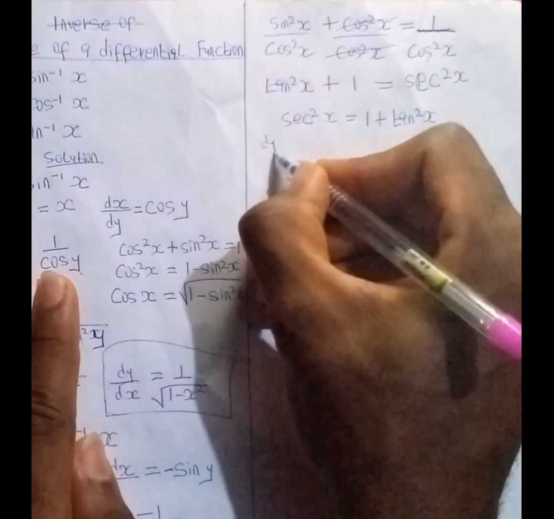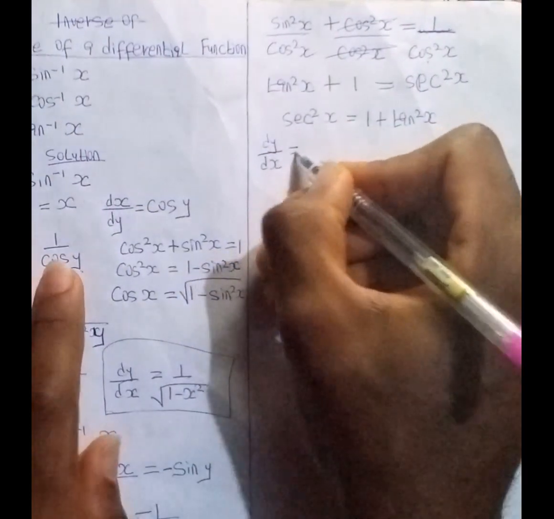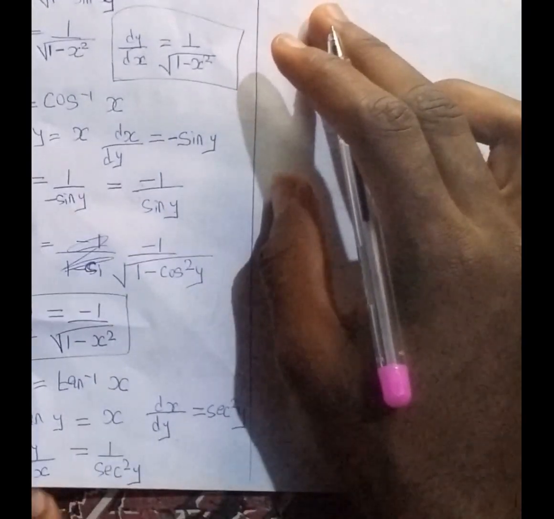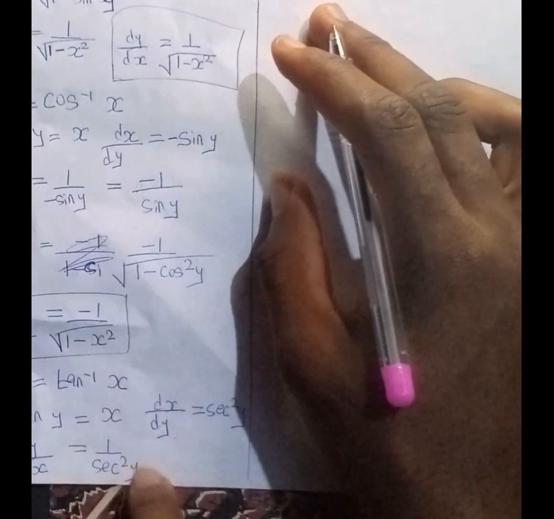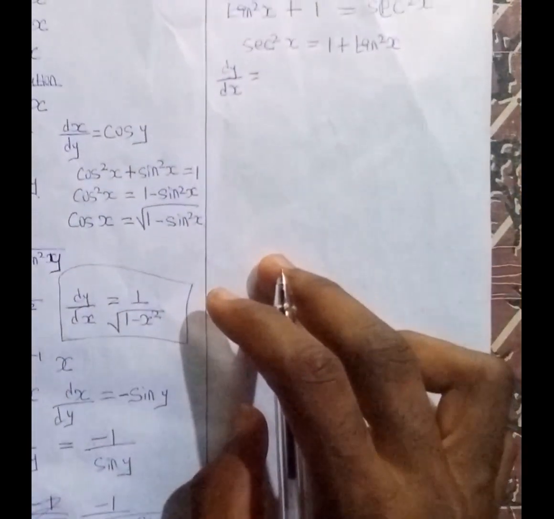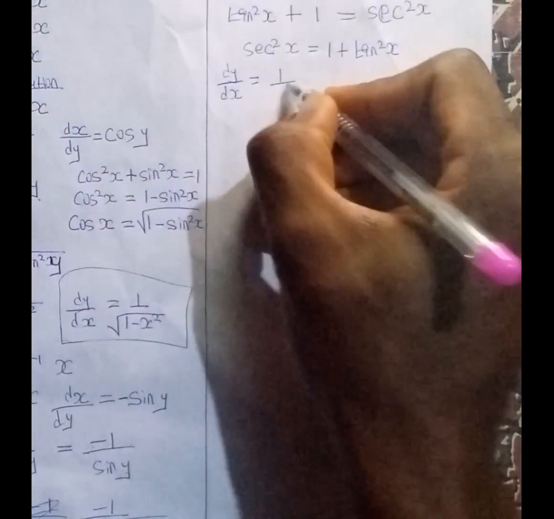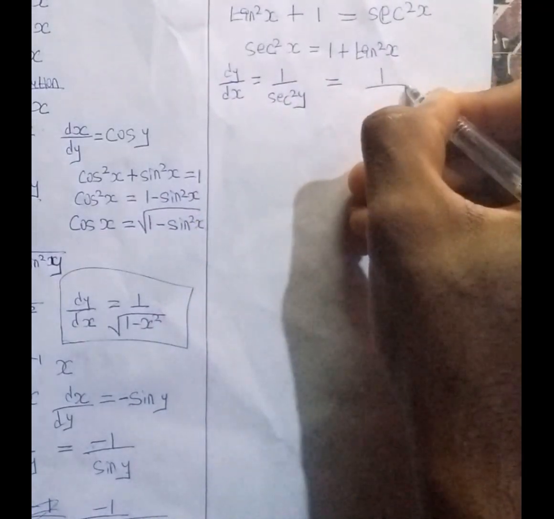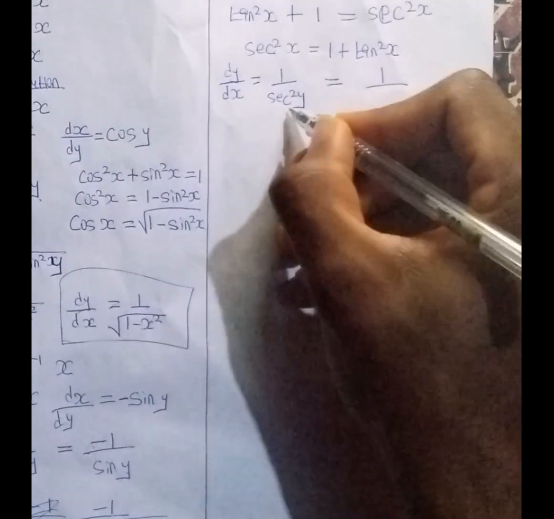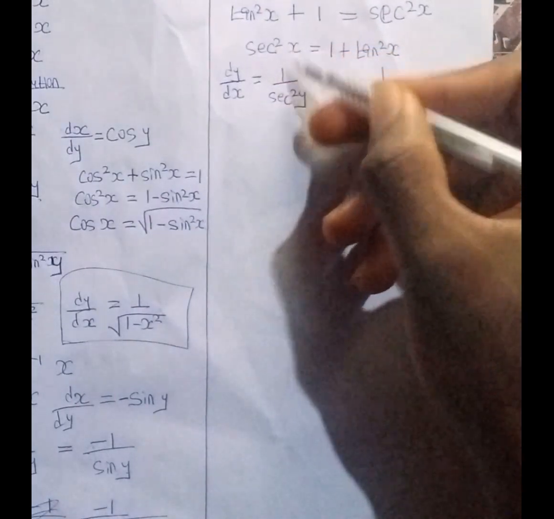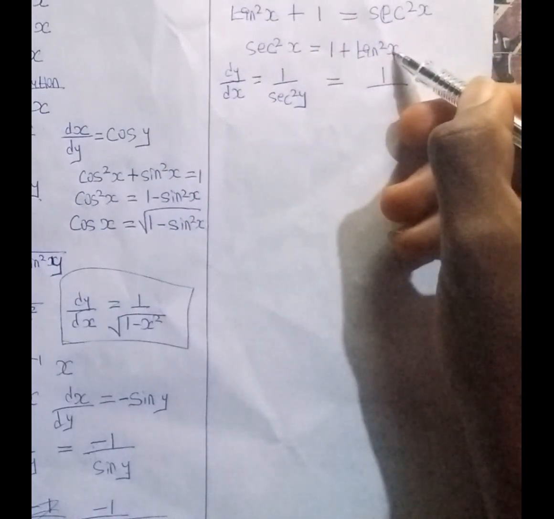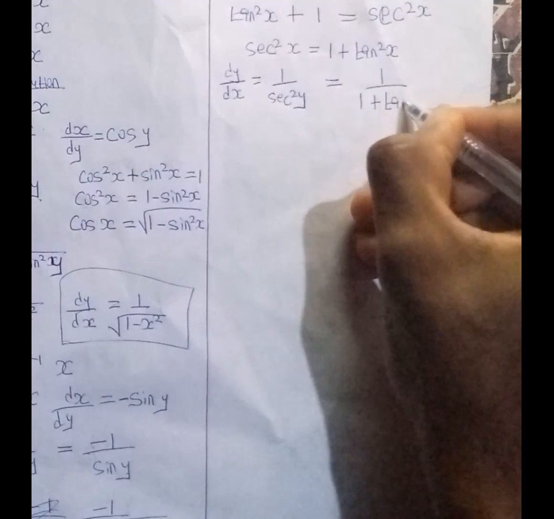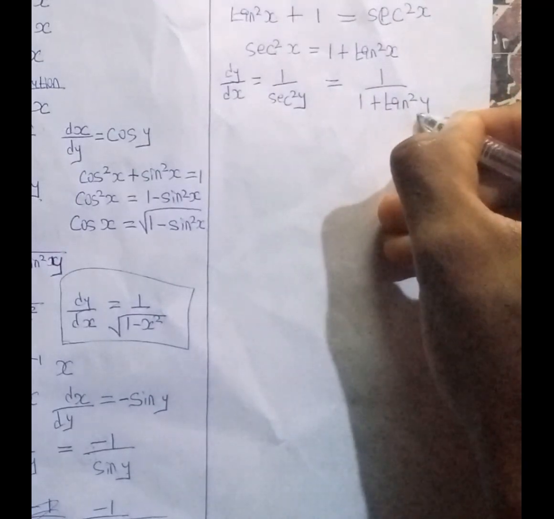We now have that dy/dx equals 1 over sec squared y, which equals 1 over 1 plus tan squared y.